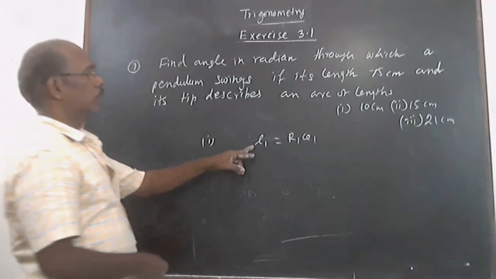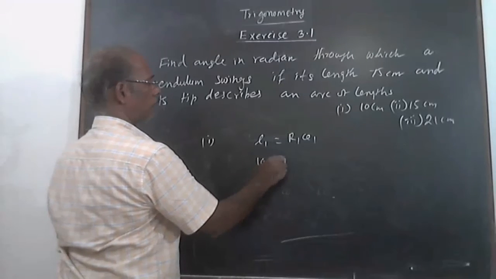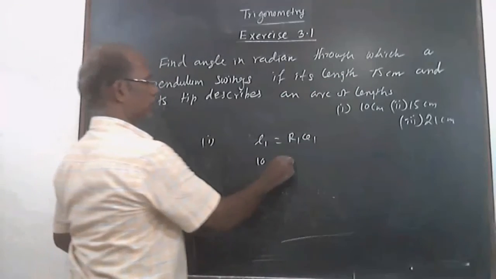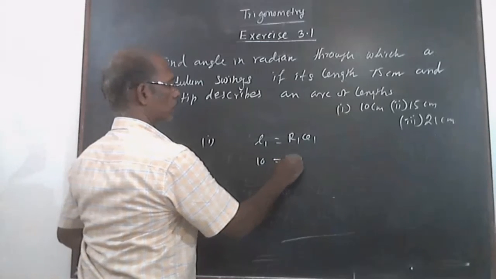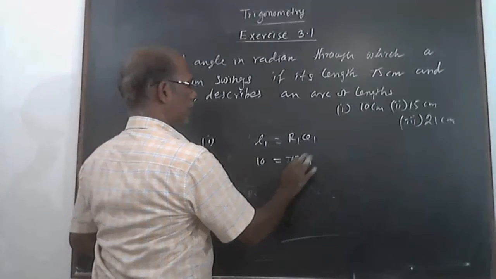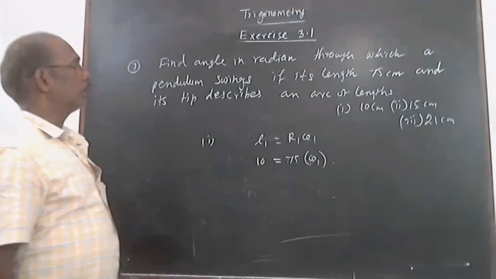L1 is equal to 10 centimeter, R1 is 75 centimeter. Okay, and theta 1 we need to find.